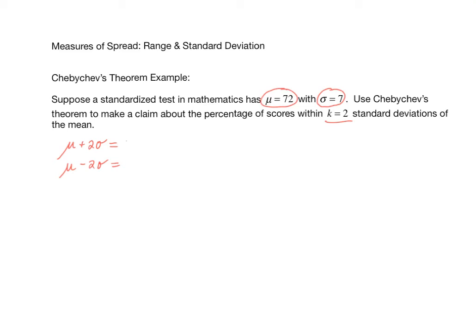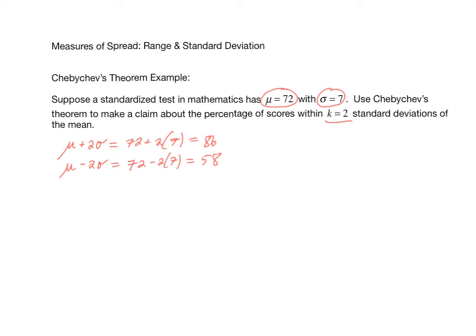We've got 72 plus 2 times sigma, which is 7, which is equal to 86, and mu minus 2 sigma is 72 minus 2 times the quantity 7, which is 58. These are 2 significant boundary scores within our statement using Chebyshev's theorem.